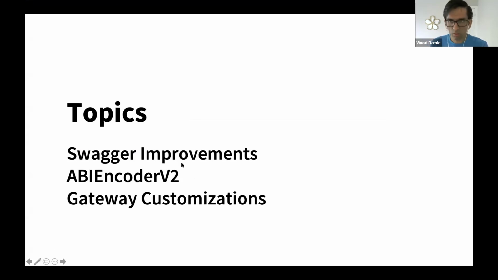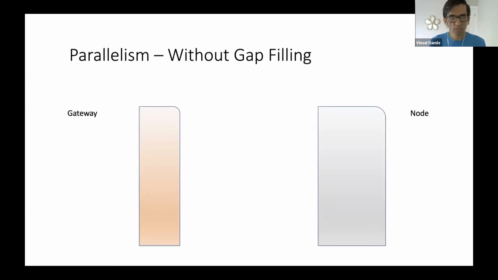Let's go over the details of what exactly a gap filling transaction means. So let's first look at what happens in case of parallel submission of transactions without gap filling. I've got the gateway on one side here and the node on the other side.